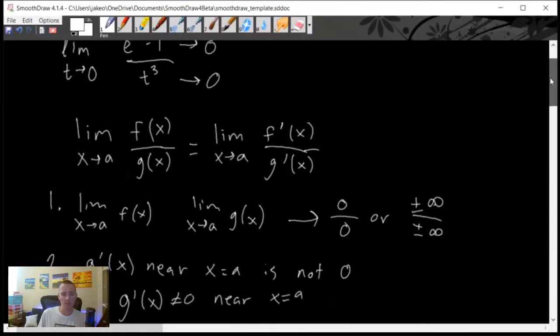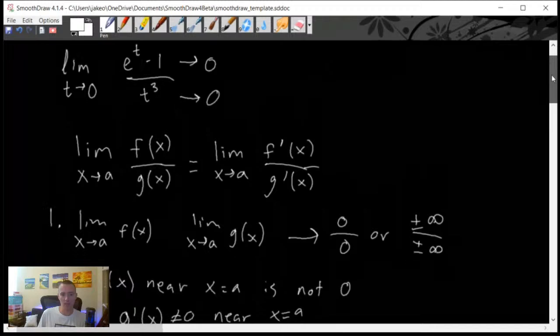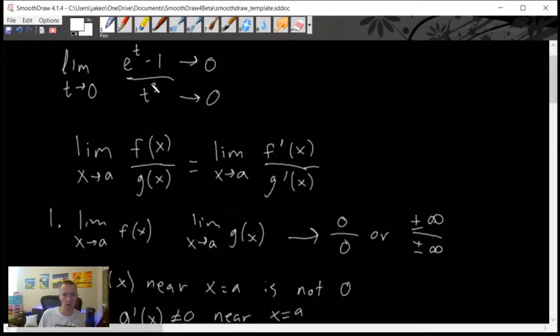The other thing we need to figure out is, not if the derivative of our denominator is going to 0, but if it equals 0 near this a value, near where t equals 0.